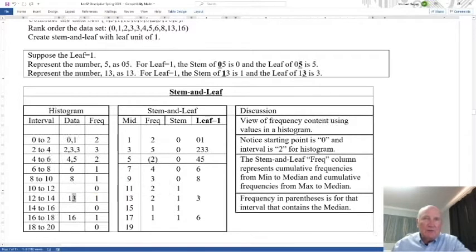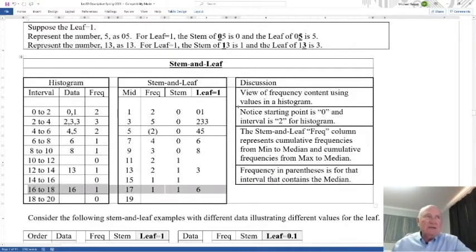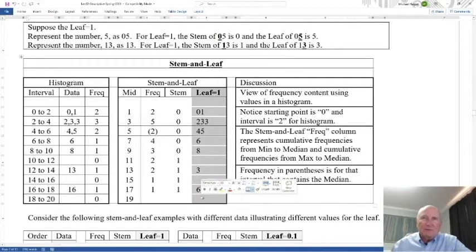So I'm going to put 3 there as the leaf, and I put 1 here as the stem, because there's only one number there. 13 is one number. And so that 3 here represents one number where the leaf is 3 and the stem is 1, so the number is 13. Likewise for 16, it's 1 and 6. So what you can see here, this is used for numerical data where we want to see how the leaf, this is the frequency. So we can see it's skewed right.